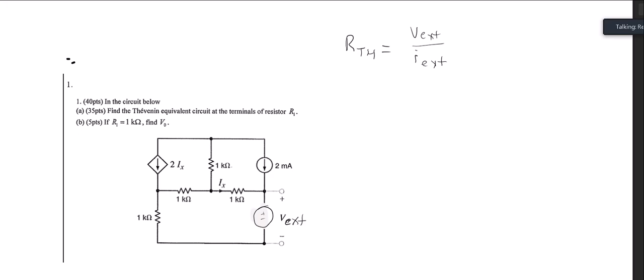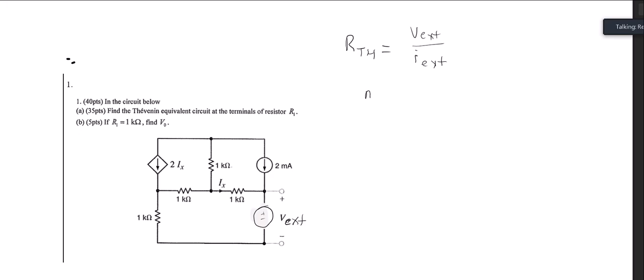So that is what we are going to try to do. But when you find a Thevenin resistance, you get rid of all of your independent power sources. And this is going to be true through all of your methods of finding Thevenin resistance: you get rid of independent power sources. And here's how you do it.